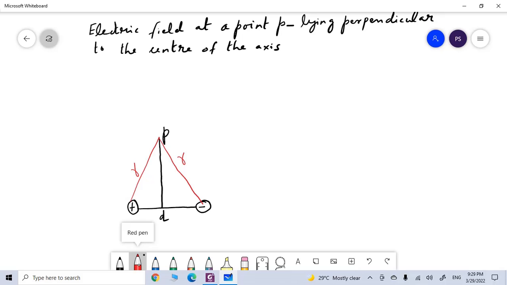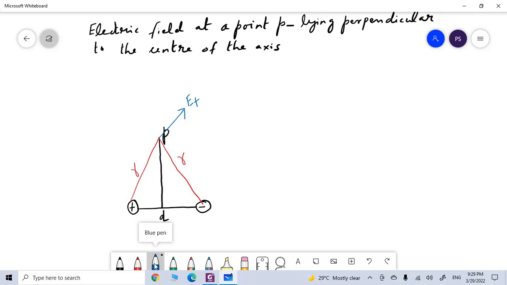Now let's try to map the electric field lines. So let's choose another color. This is the positive charge, so the electric field line is protruding away from the positive charge, so this is going to be E plus.